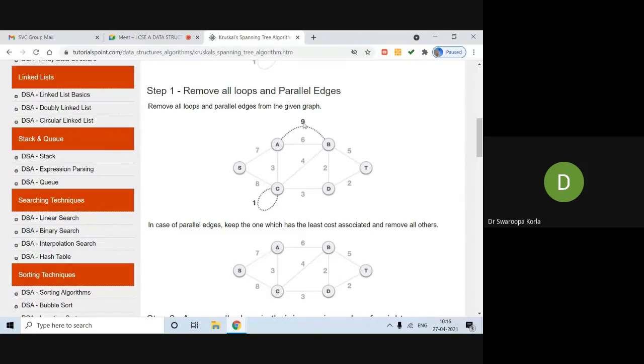Which is the minimum value? 9 is bigger than 6. So I should remove the biggest value. So how can you remove? First you represent this parallel edge which has the highest weight value with a dotted line, and also represent this cycle with a dotted line.